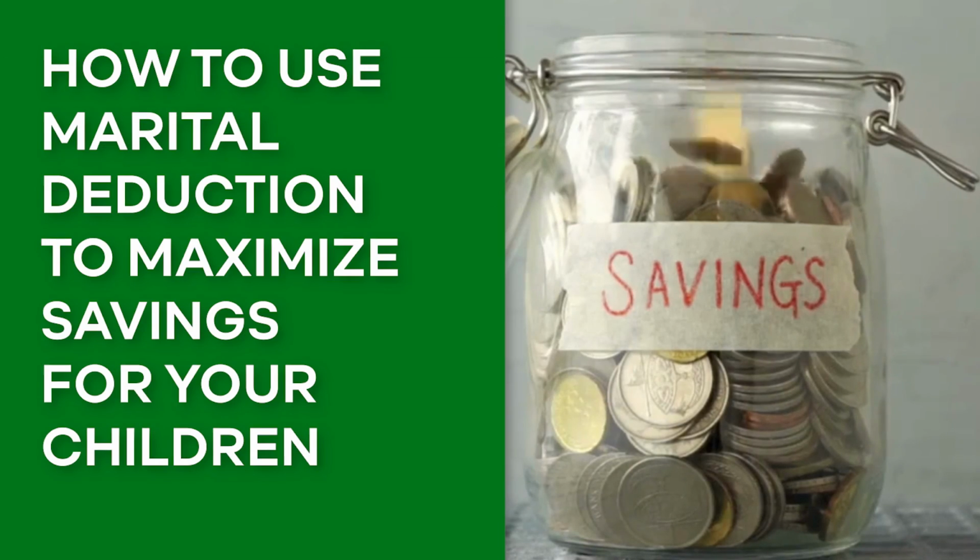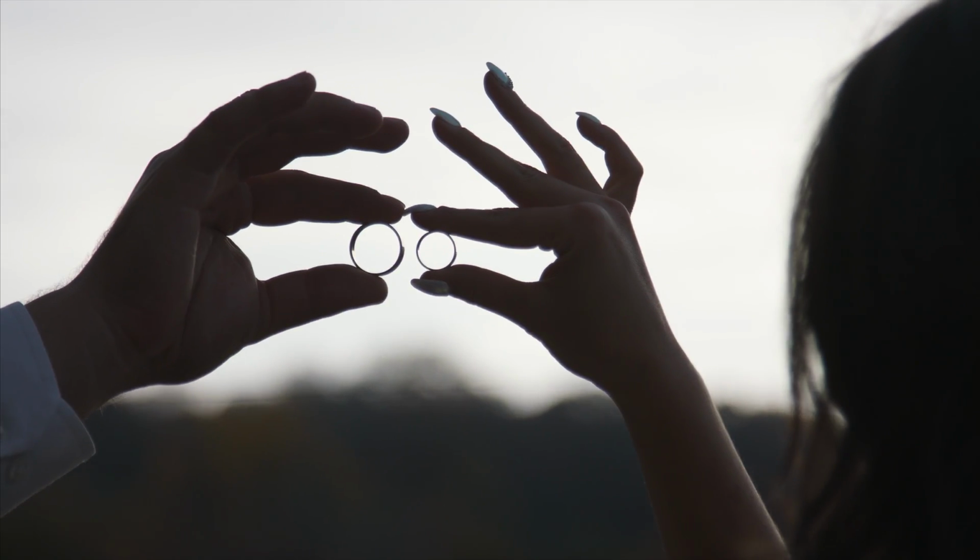And today I want to talk to you about the marital deduction and how you can use it to maximize the tax savings for your children, for your final distributees. So if you're married and you've created a trust and you're happily going on, you and your spouse, you're the trustee, you're the beneficiary, and you're also the trustors.